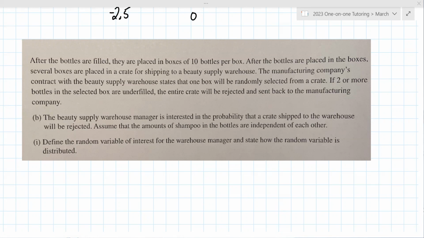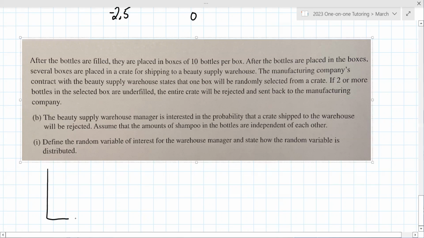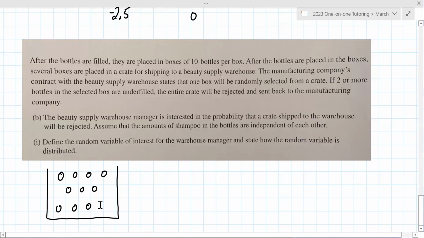Okay, so let me make some suggestions here. This is like going back a long ways, but maybe drawing a picture here. There are 10 bottles per box. 1, 2, 3, 4, 5, 6, 7, 8, 9, 10. So your world is limited to 10.